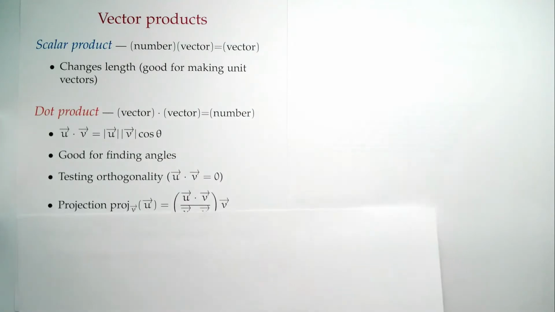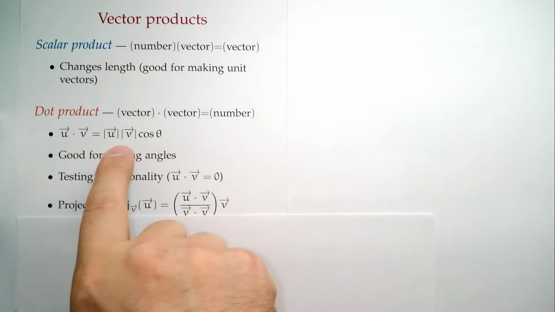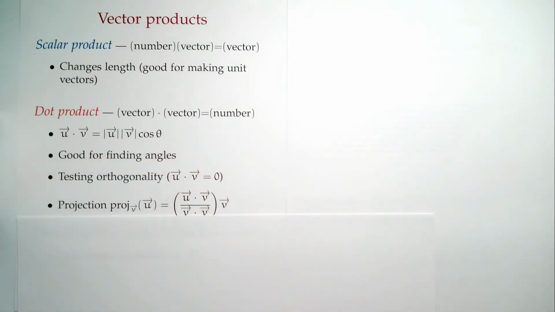The one we talked about last time is the dot product. Now the dot product says take vector dot vector, get out a number. And what is that number? Well, it has a geometrical meaning. In particular, u dot v is the magnitude of u, magnitude of v, cosine theta. So what is theta? It's that angle between the vectors.